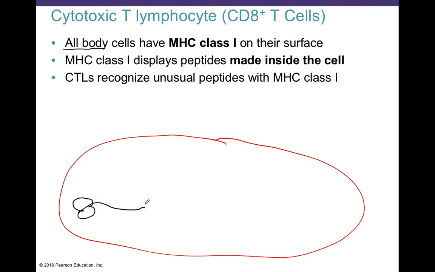Here's the ribosome, producing some protein through the normal transcription and translation process, producing these proteins here. And MHC1 is very similar to MHC2, but it's going to bind to proteins that are produced inside of the cell.